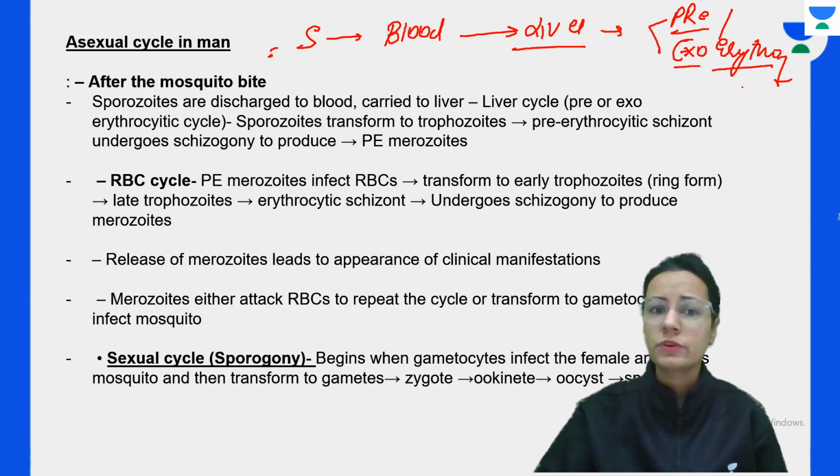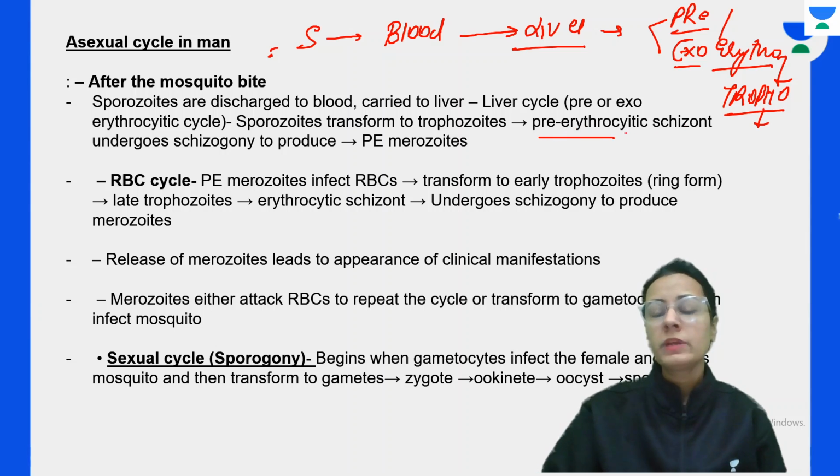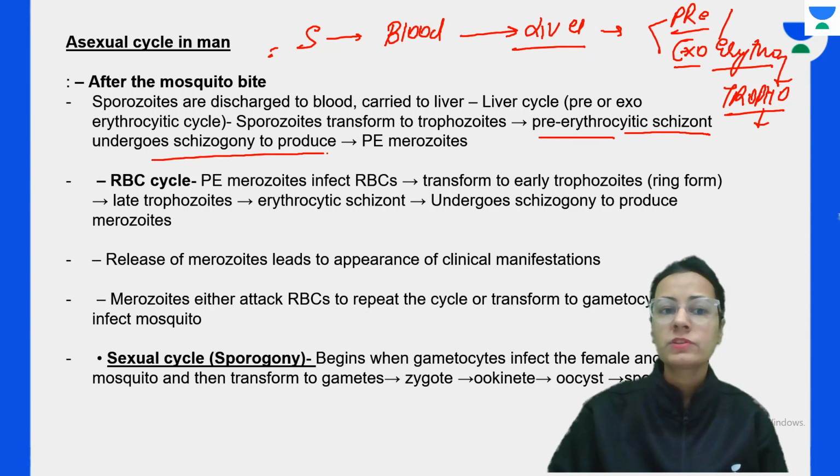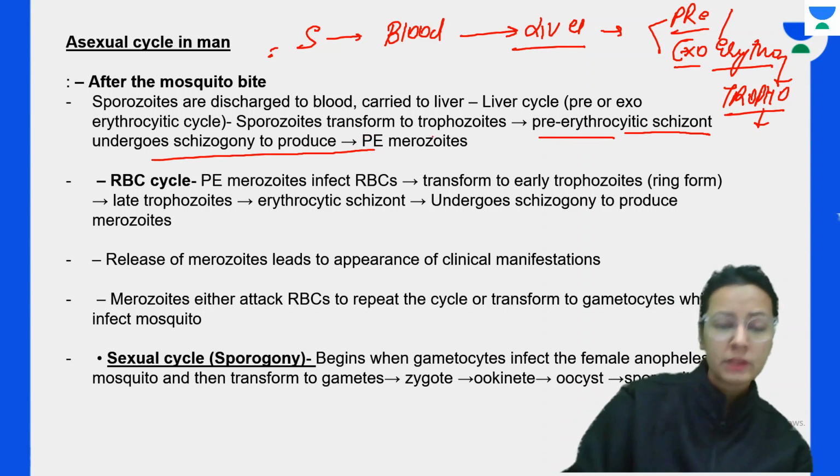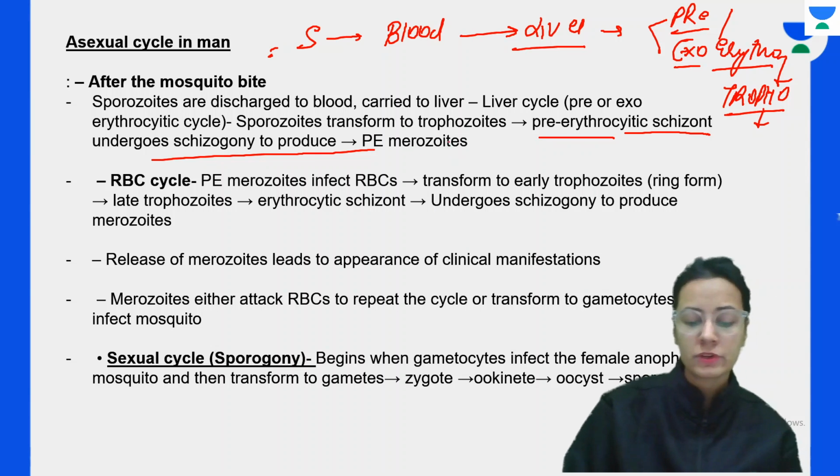The sporozoites transform into trophozoites, then into the pre-erythrocytic schizont, undergoing schizogony to produce the merozoites.